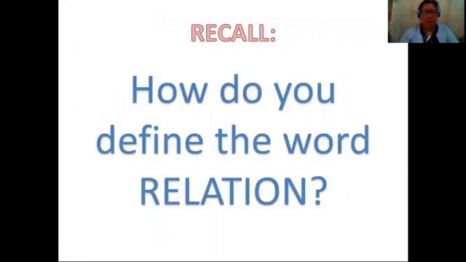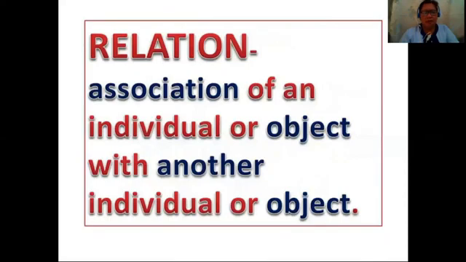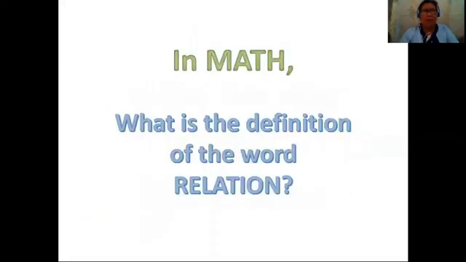Let us recall the definition of a relation. How do you define the word relation? A relation is an association of an individual or object with another individual or another object. In math, how do you define the word relation?